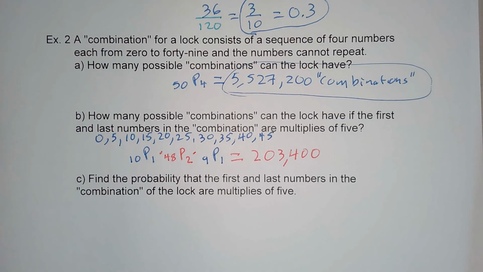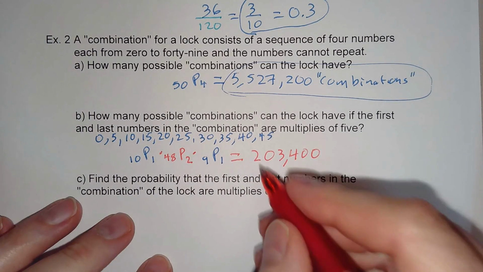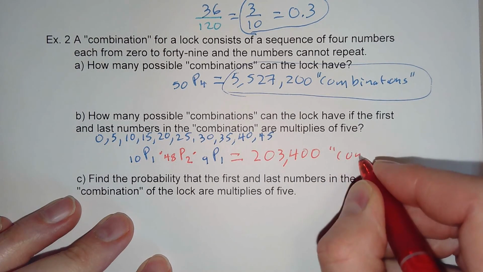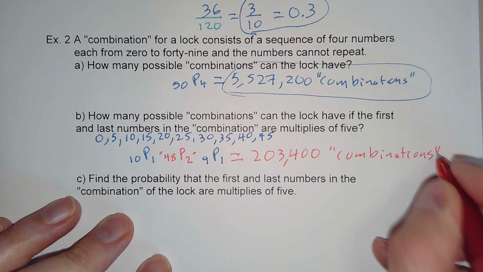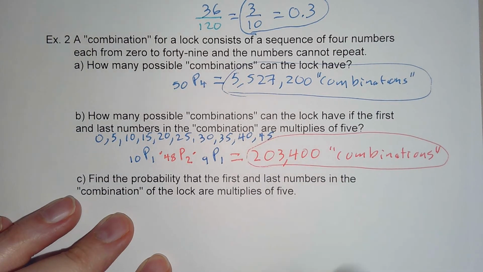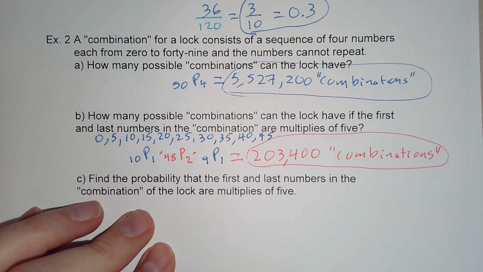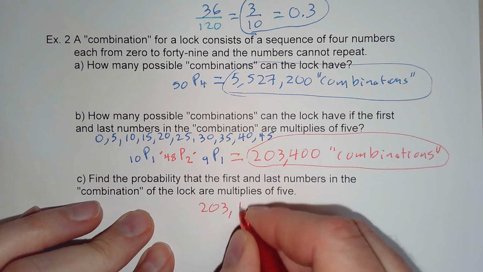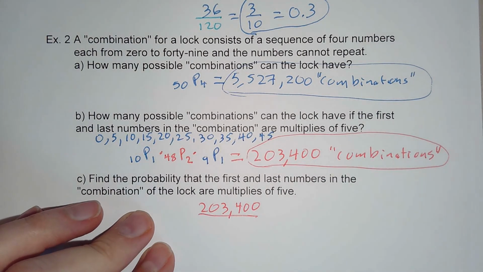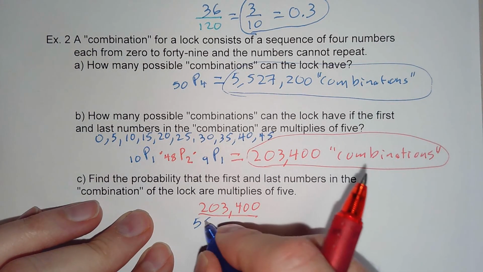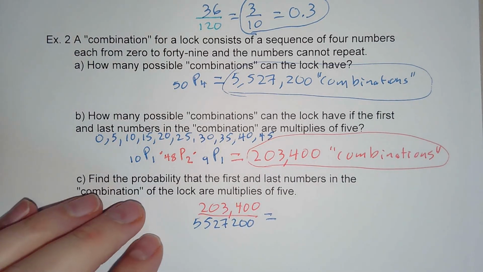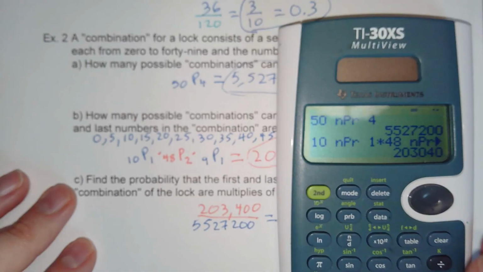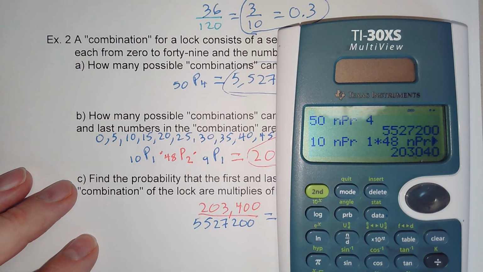Part C says find the probability that the first and last numbers in the combination lock are multiples of 5. So we're just taking the answer in part B, which I have in red here, and we're going to divide by the answer in part A. When we do that, I don't think it's going to reduce. Well, let's just find out.